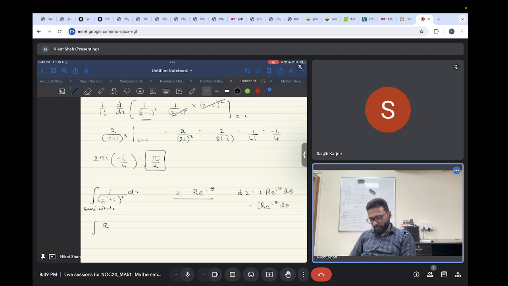Let's see if we can do it in a better way. i r e raised to power i theta d theta divided by... Here, when I'm saying z equal to r e raised to power i theta, r is of course tending towards infinity because I'm taking this infinite semicircle which is at the very outstretch.